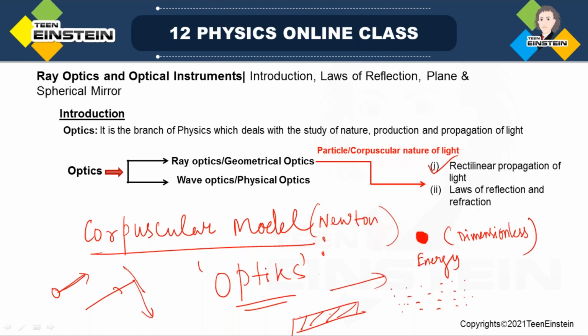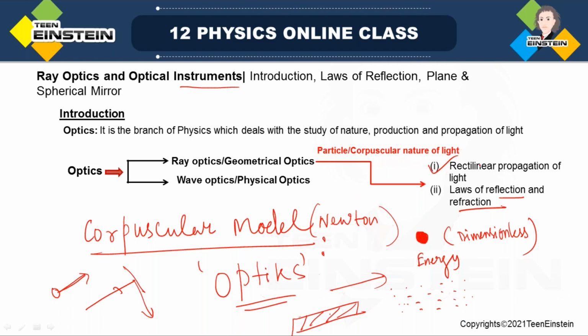But it is not true. In nature, we see both kinds of phenomena. Reflection and refraction are two phenomena which can be explained well by this corpuscular model or ray optics model. And this will be the whole object of our study in this chapter, ray optics.